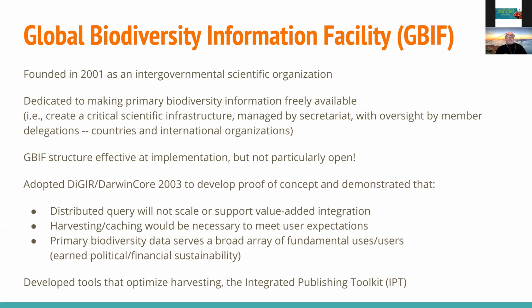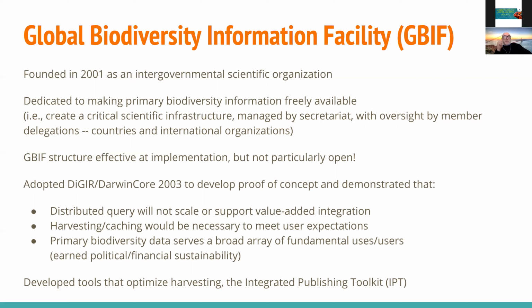And in 2003, they took one of these projects, the one that was most broadly adopted at that point, this Digir-Darwin Core pairing of a protocol and a data standard, and used it to develop a proof of concept that demonstrated a few things.